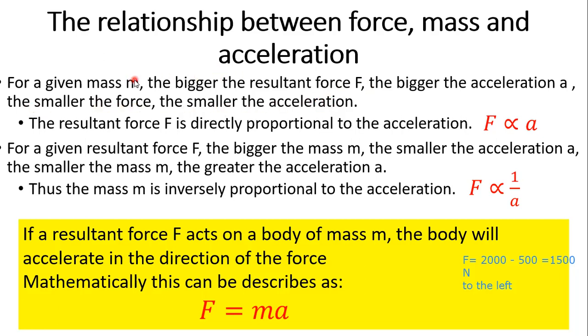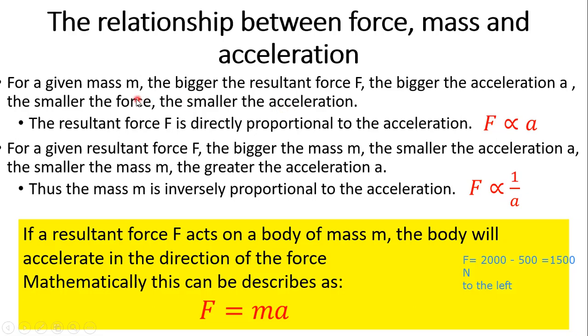So if we have an object with a certain mass, suppose it has 10 kg, and the resultant force acting on it is big, that is going to result in a bigger acceleration. But if the force acting on it is small, that is going to result in a smaller acceleration.